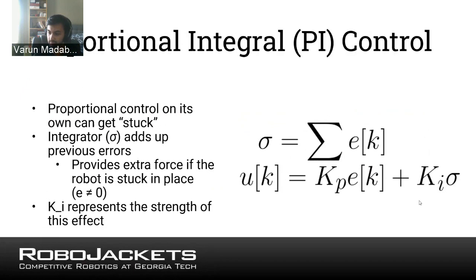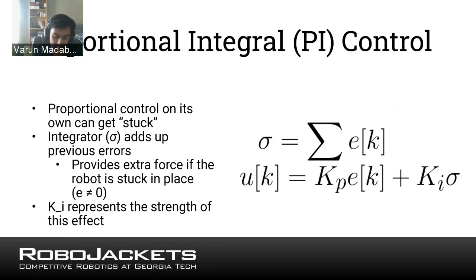And so even if e is very small and kp times e is very small, if your robot gets stuck, if e is constant but non-zero, over time sigma is going to grow larger and larger. It'll grow larger and larger until u becomes large enough to overcome that extra force that's causing the robot to get stuck.